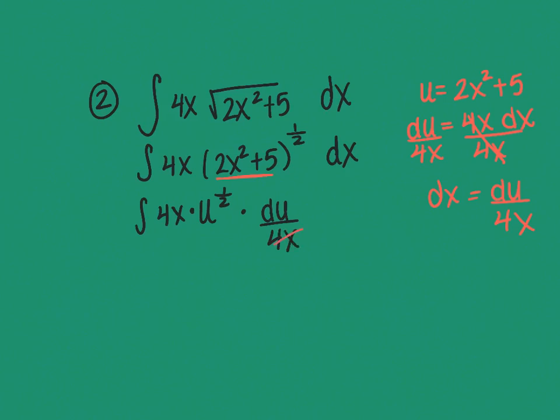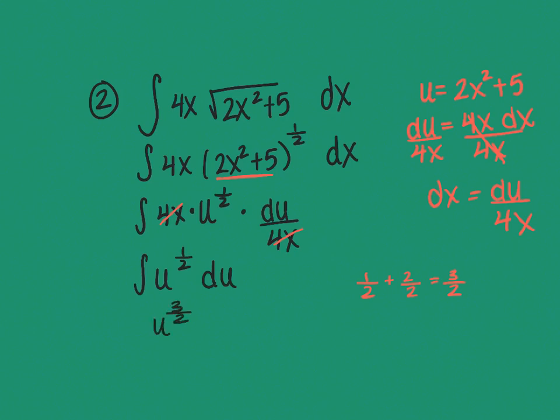Now what's great is that these 4x's cancel, so we're really integrating u to the 1/2 du. So add 1 to the power and then divide by that power. So 1/2 plus 1, or 1/2 plus 2/2 is 3/2. So u to the 3/2.